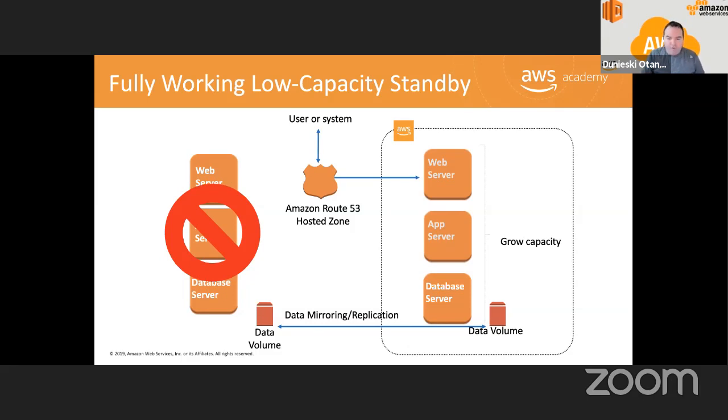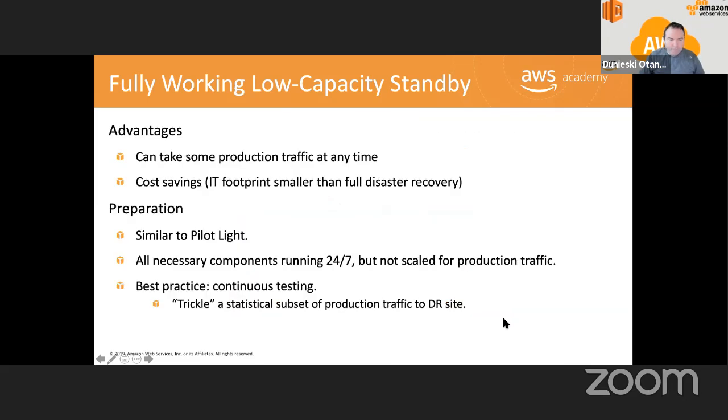So that's how it works, and it is constantly replicating the data and the database both ways, right? Constantly replicating that. If this database is written on, this one is going to be updated, or vice versa. Right? The advantages of the fully working low capacity standby: you can take some production traffic at any time, right?